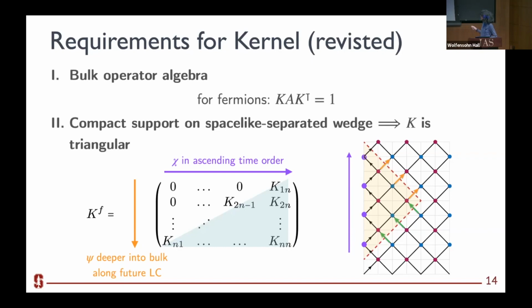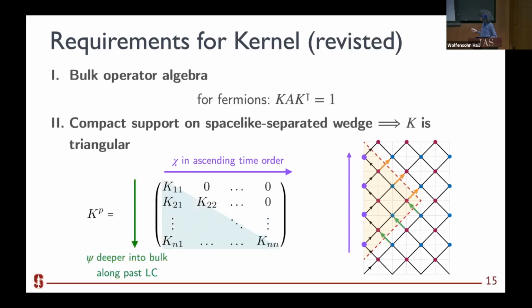So for example, if you're looking at the kernels associated to the bulk fermions living on this particular cut in the future light cone, that tells you that your kernels should be lower right triangular, and similarly, the kernels describing this lower or past light cone should be lower left triangular.